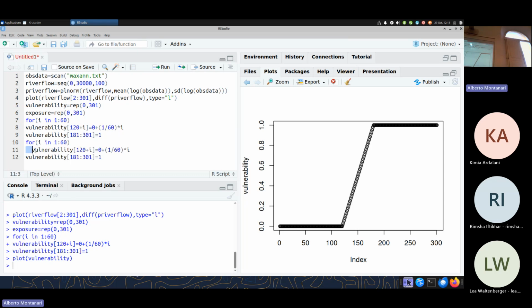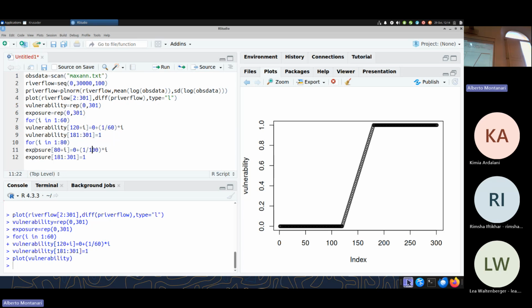So it's exposure. Here it's exposure. Here it's 80, if I well remember. And it's from 80. And this is 80, 100. And here is 160, correct.